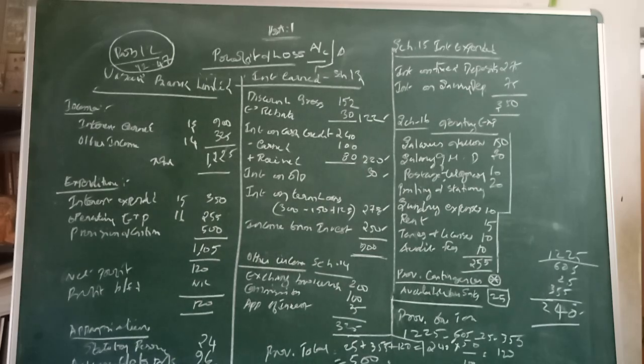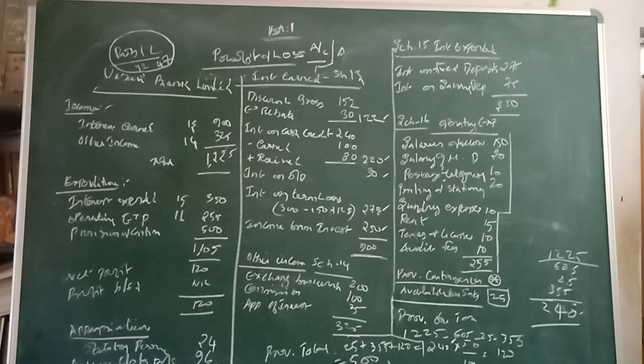Provision for income tax to be made at 50%, rounded off to the nearest 1000. See, always in bank accounts, insurance accounts, etc., in these chapters, it is better to round off to the nearest 1000. So accordingly, we have to round off this figure to the nearest 1000.